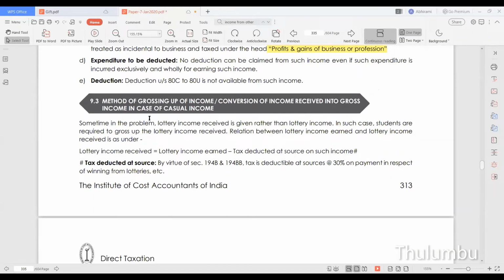So next is this grossing up conversion. Say, for an example, as I told you, you have won a 1 crore lottery. In Kotteeswari, you have received 1 crore.